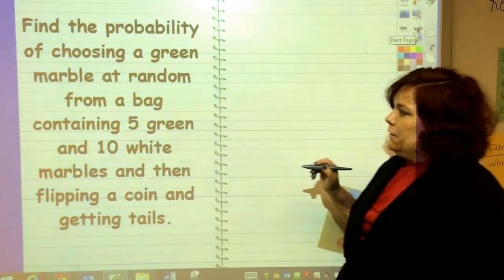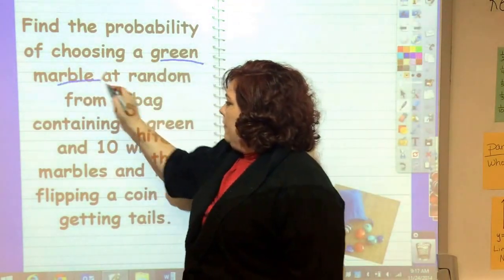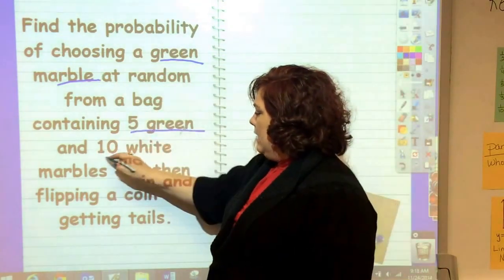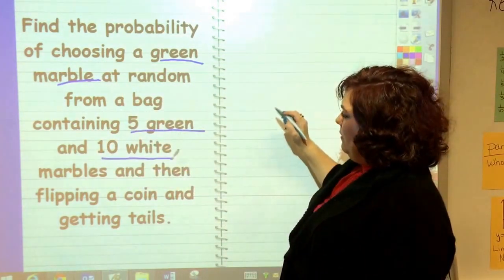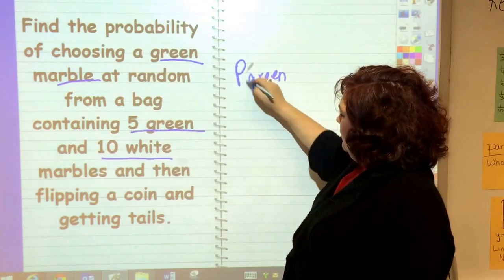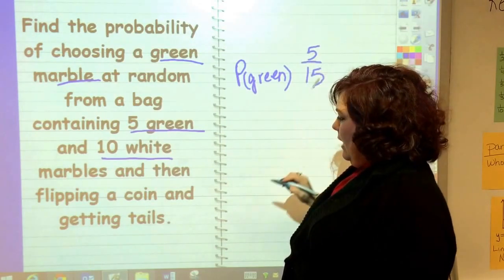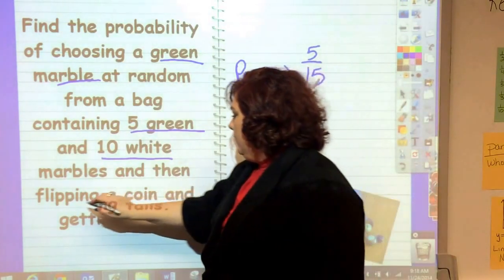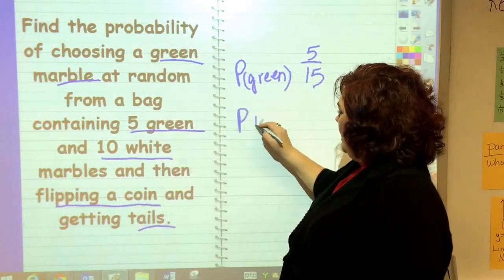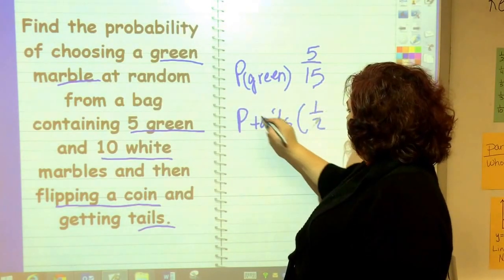So let's look at this. The probability of choosing a green marble at random from a bag containing 5 green and 10 white. So the probability of green is 5/15, and then flipping a coin and getting tails. So the probability of tails is 1/2.